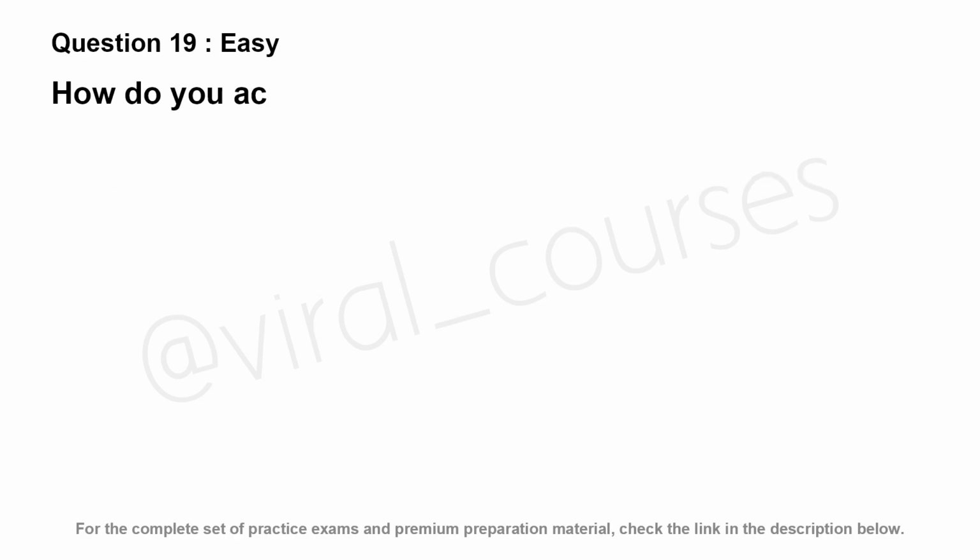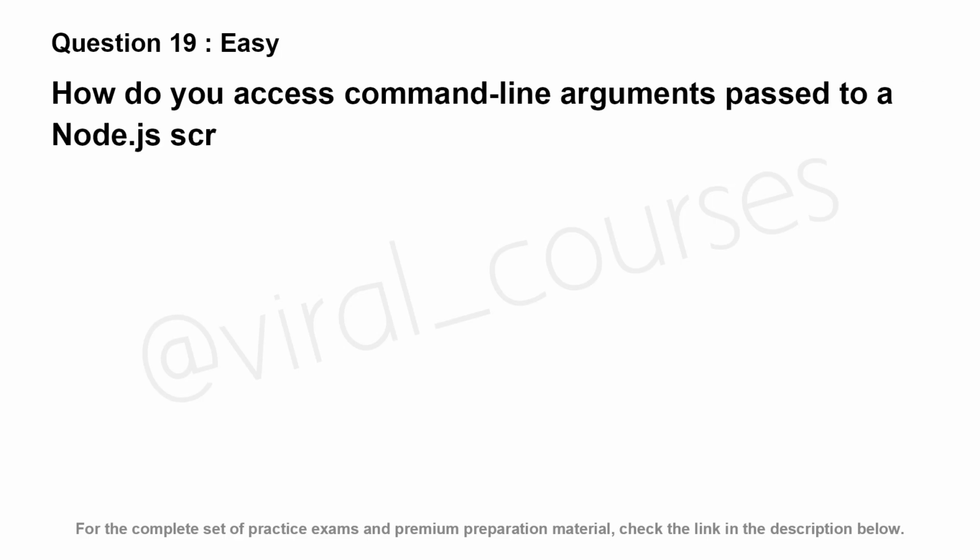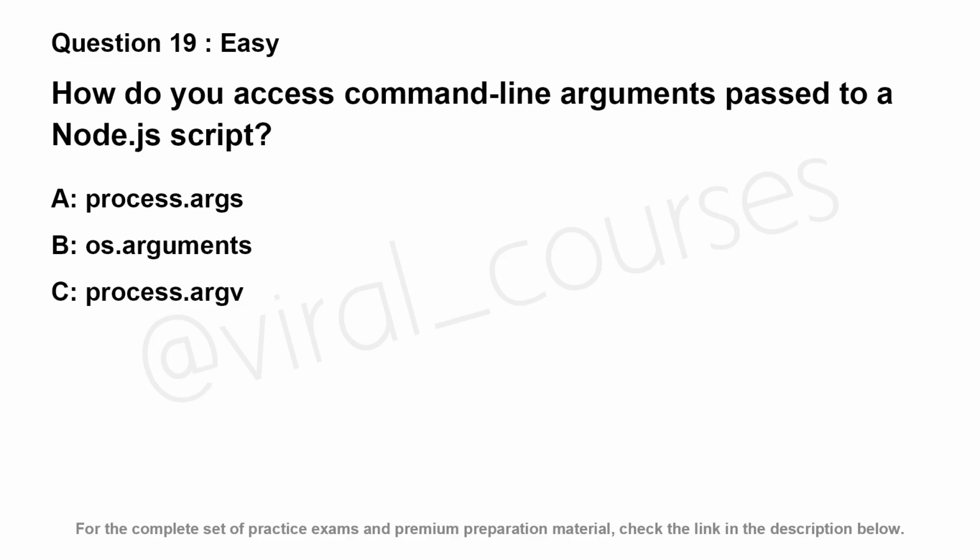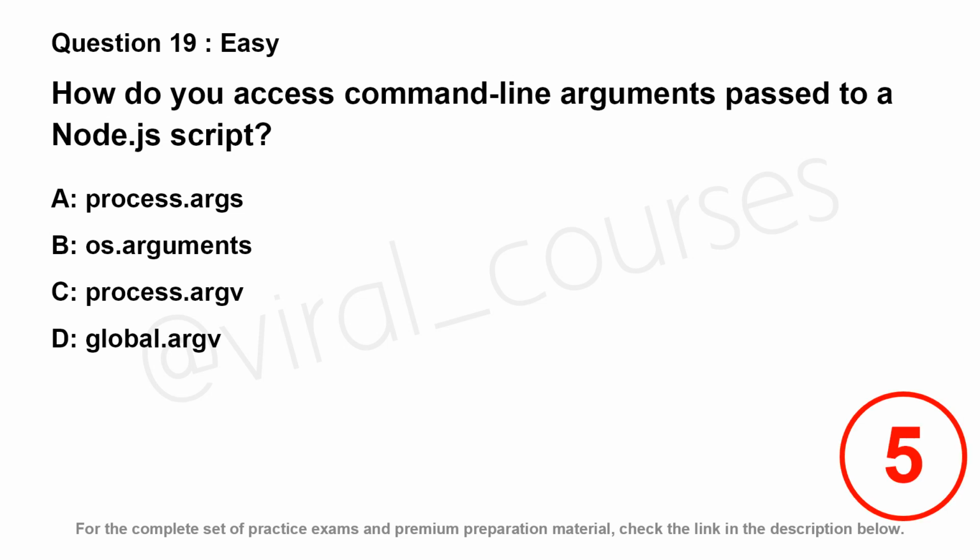How do you access command line arguments passed to a Node.js script? Option A, process.args. Option B, os.arguments. Option C, process.argv. Option D, global.argv.